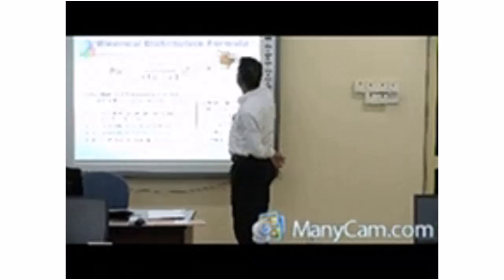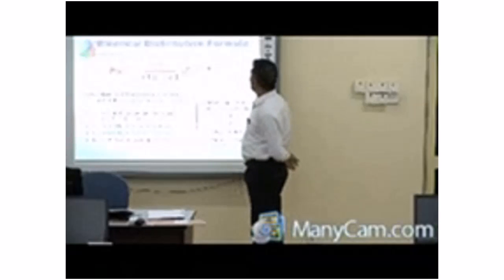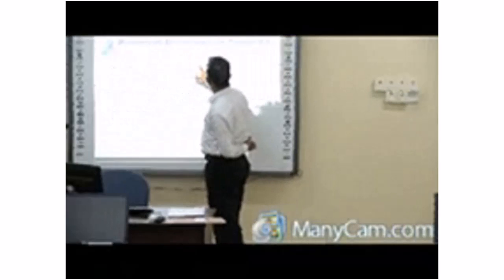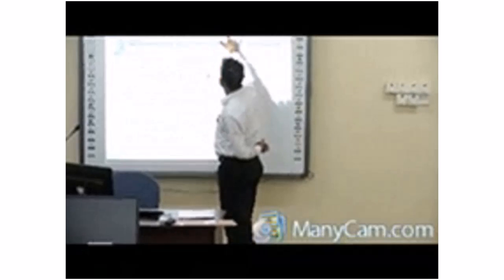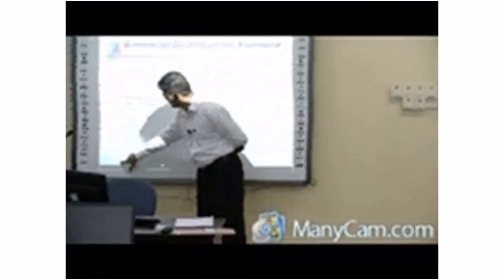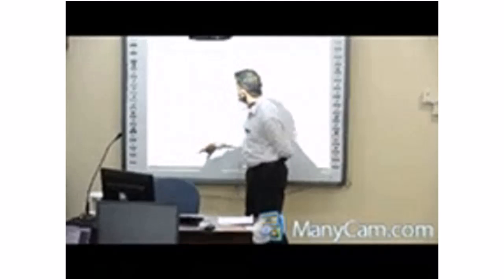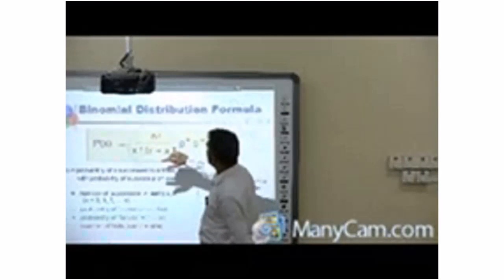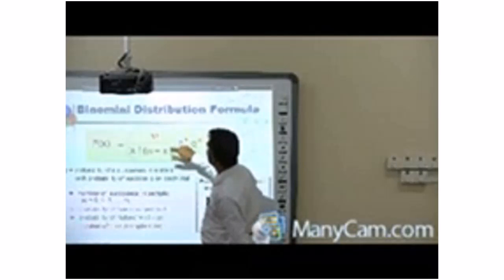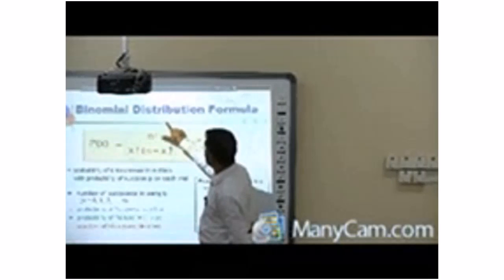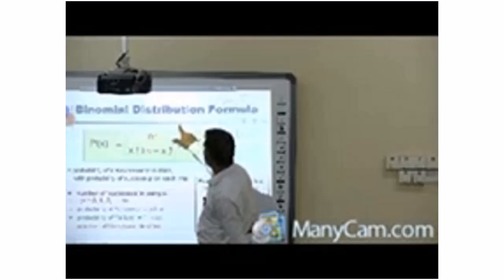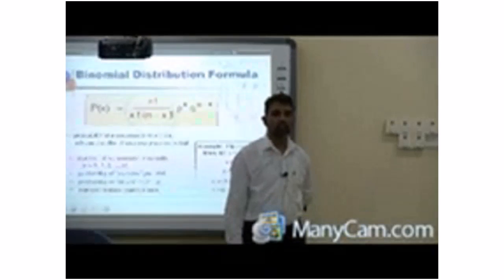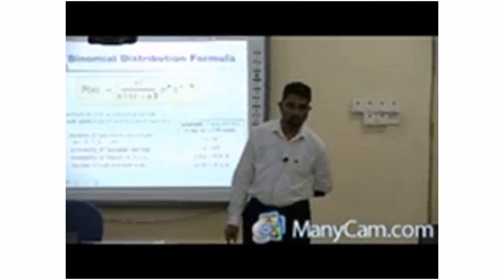This is the value of factorial 5, so here you can apply 120. Then factorial 2 is 2 into 1, which is 2, and 5 minus 2 is 3, factorial 3 is 3 into 2 into 1, which is 6.